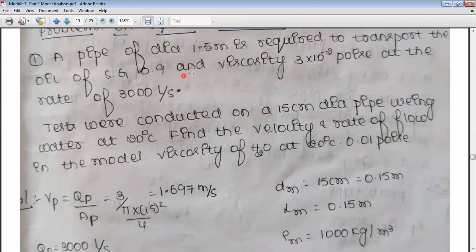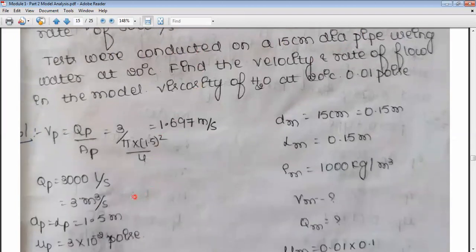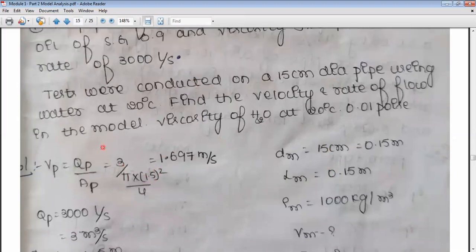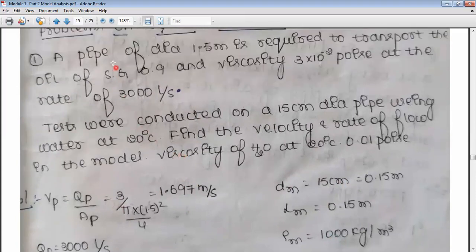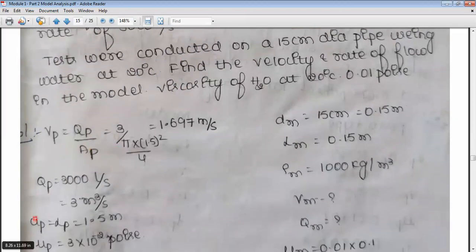Okay, see, you have to divide your page into 2. First, on the left side, you write down the values of the prototype. On the right side, you write the values or details given for the model. Correct. See here, you observe this one. Here you have been given the diameter, that is the diameter of the prototype, which is equal to LP.